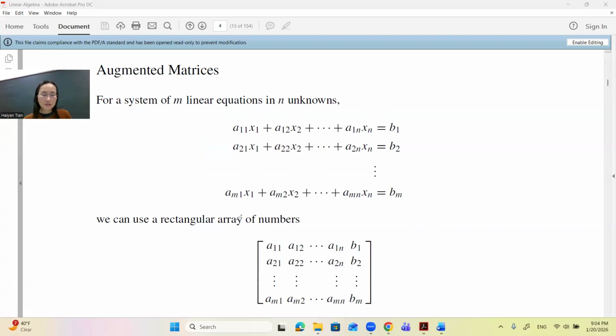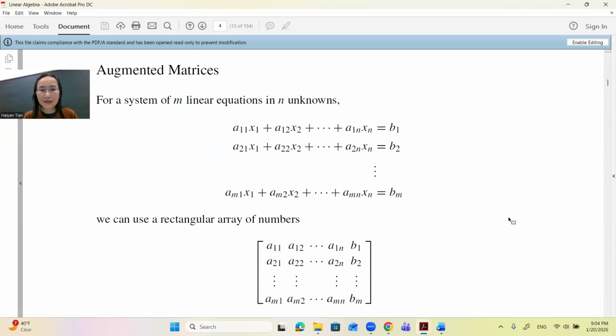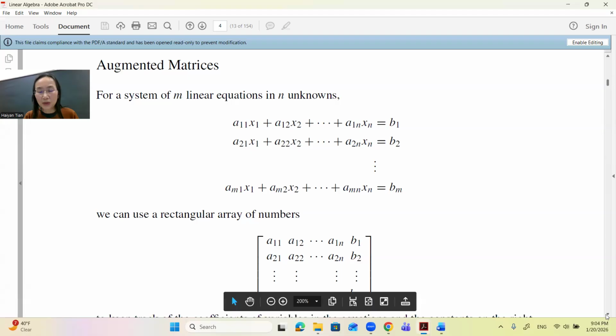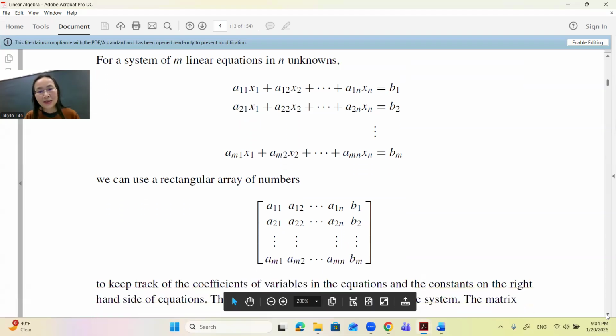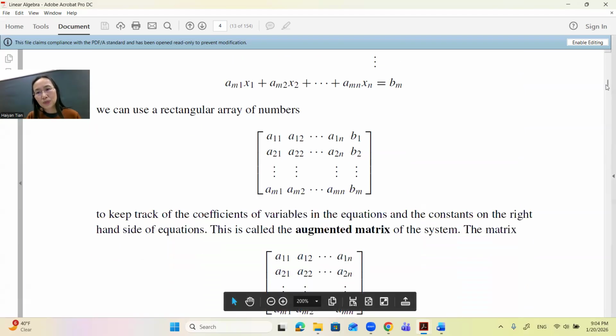So n and m may not be the same. They don't have to be the same. So it's just a very general system. Maybe it's a system of only one equation, maybe m equations, right? Involving n variables.